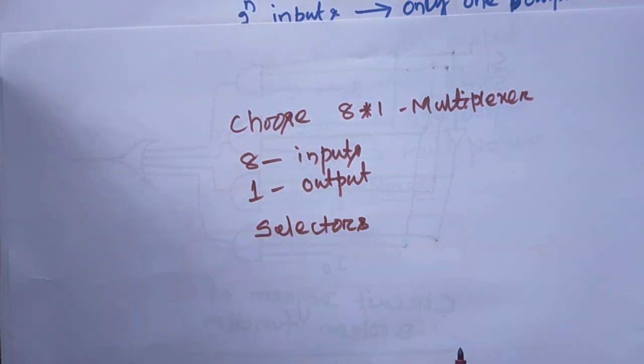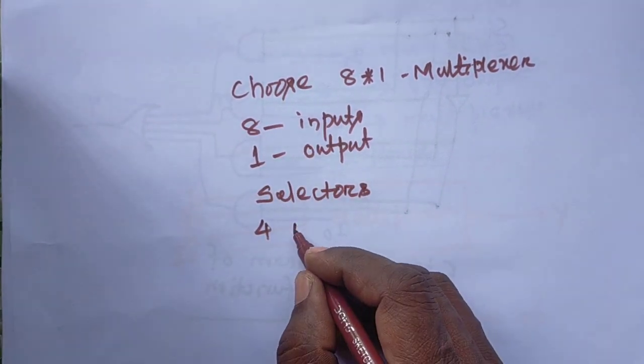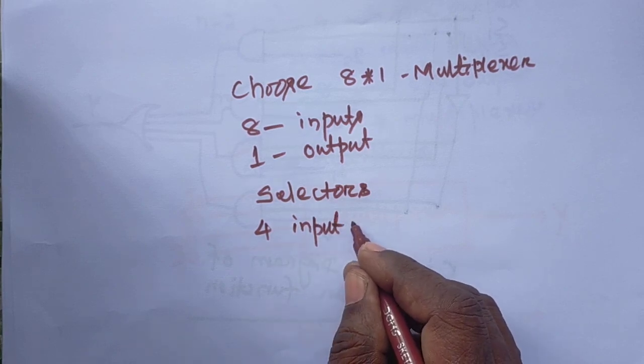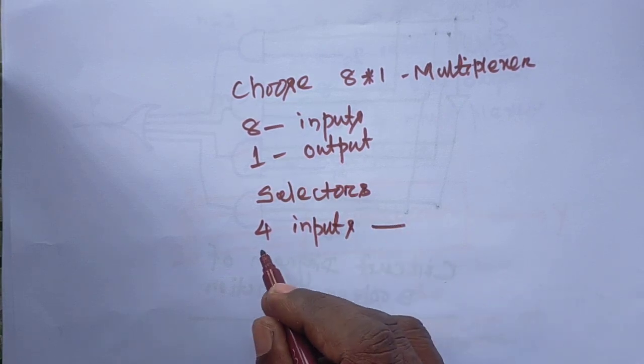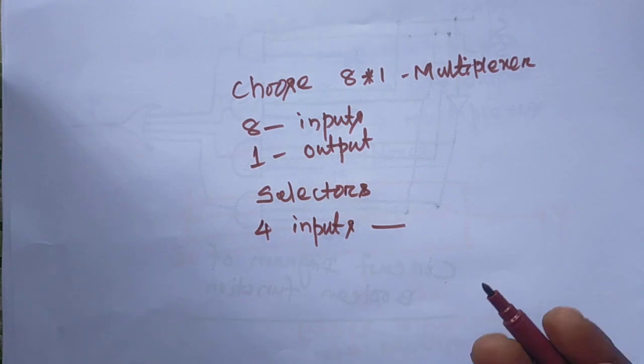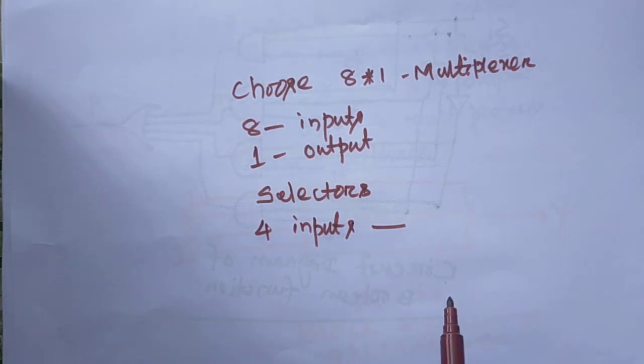If the number of inputs increases, automatically we have to consider selectors accordingly. For example, if we have 4 inputs, how many selectors are required? I will give a trick, and then you can find out.